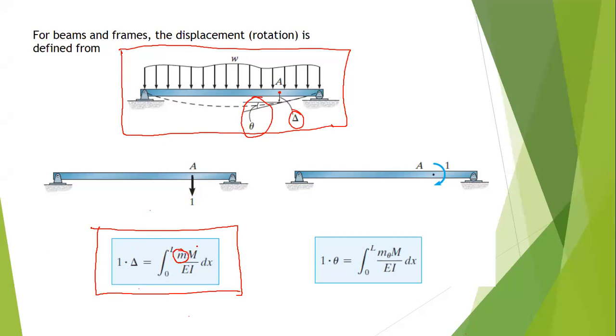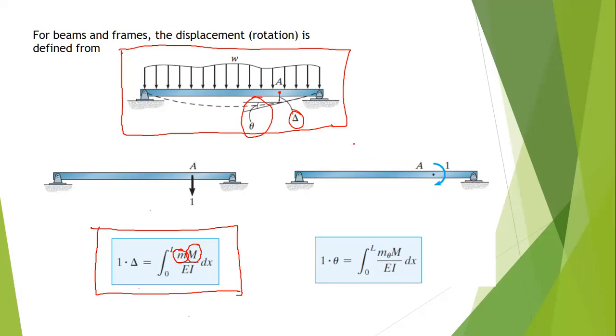These are the moments due to your virtual load, and the big letter M stands for the moment caused by your actual loads. So you simply evaluate this equation here. So you simply integrate this expression.